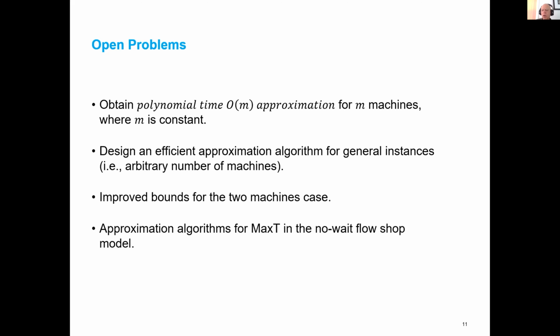And why I mentioned no wait: the prior work on the no wait flow shop problem is by Gilmore and Gomory, a very classical paper, as a matter of fact, that shows how to minimize makespan in this problem, showing that the TSP problem, traveling salesperson problem, that is defined by this flow shop problem, is solvable in polynomial time.